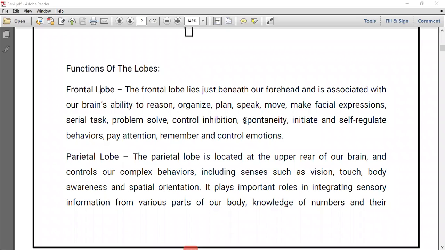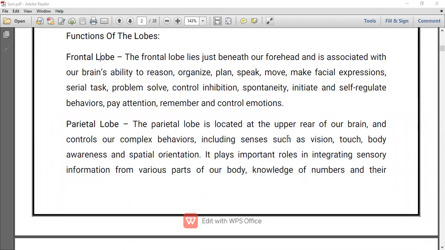The second one is the parietal lobes. The parietal lobe is located at the upper rear of our brain and controls our complex behavior, including senses such as vision, touch, body awareness, and spatial orientation.